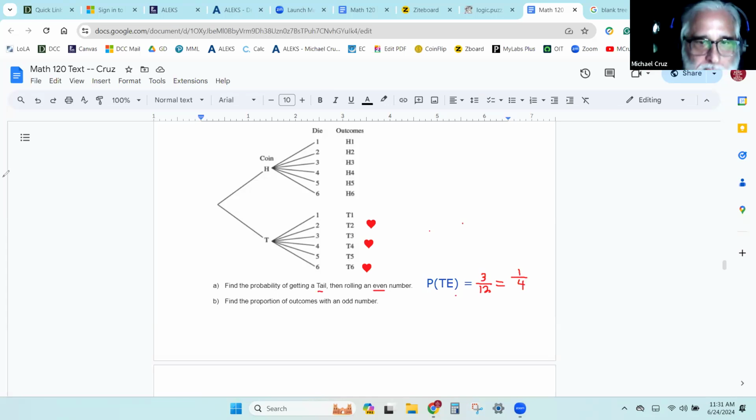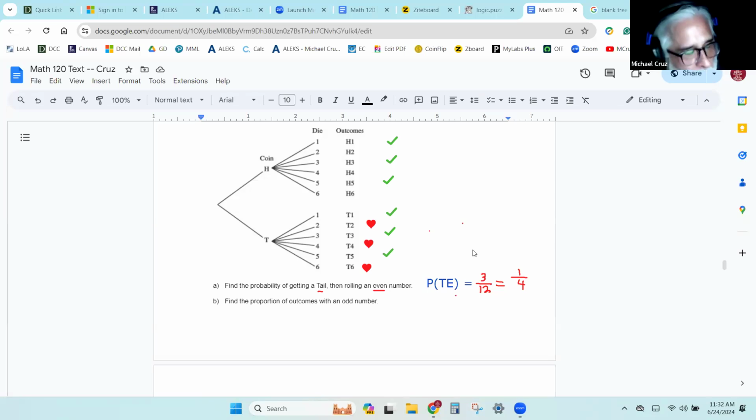And then this one just wants to know odd number. It doesn't say anything about the coin. It's just talking about the odd number. So it's 1, 3, and 5.